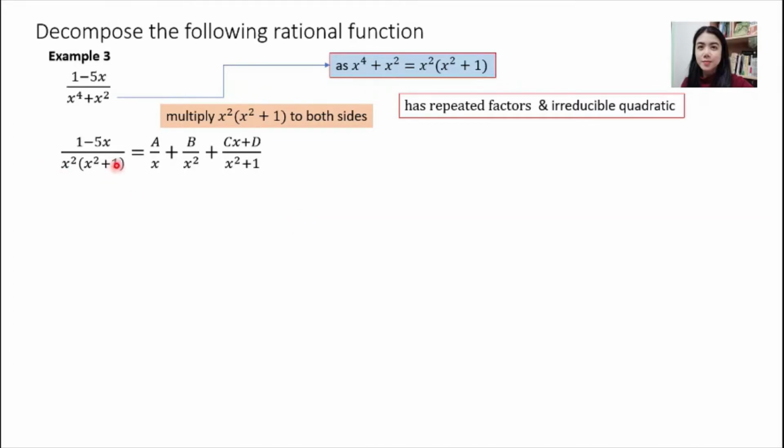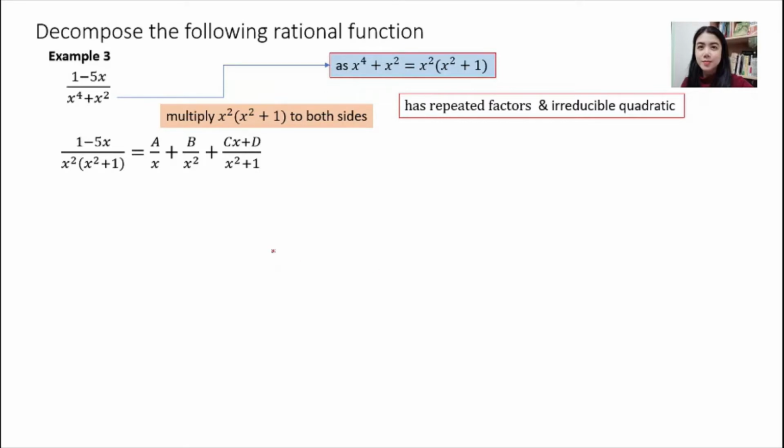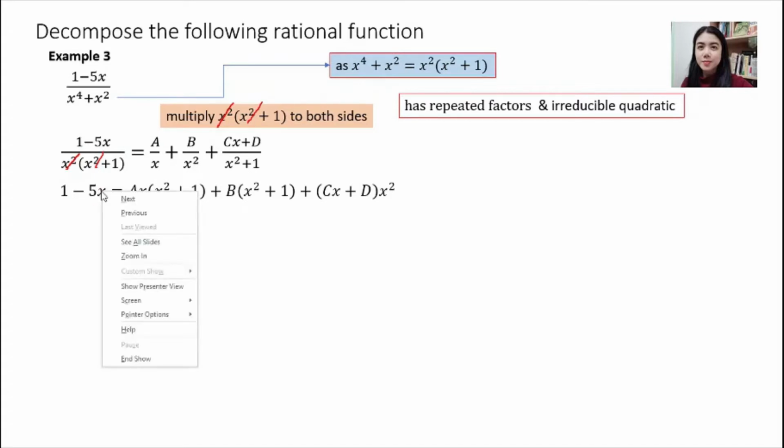So this is your denominator, and you have to multiply both sides with this denominator. Let's see what happens if we multiply. This is the result of multiplication. How do we get that? Look at this one. For the left hand side, you can cancel this out, so you're remaining with 1 minus 5x.